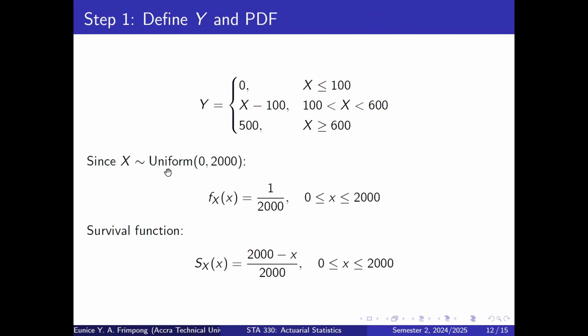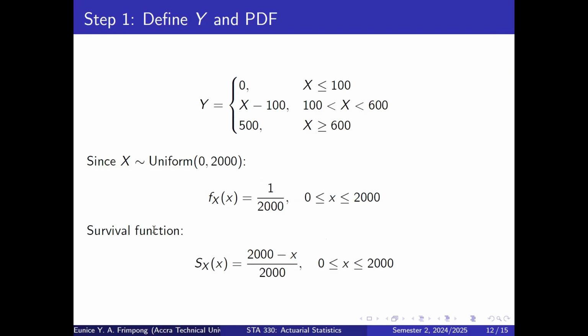Since X is following the uniform distribution over the interval 0 to 2000, where 0 is A and 2000 is B, then we know that the PDF of X is equal to 1 over B minus A. So we have 1 over 2000 minus 0, which is equal to 1 over 2,000, in the case where the loss is falling between 0 and 2,000.